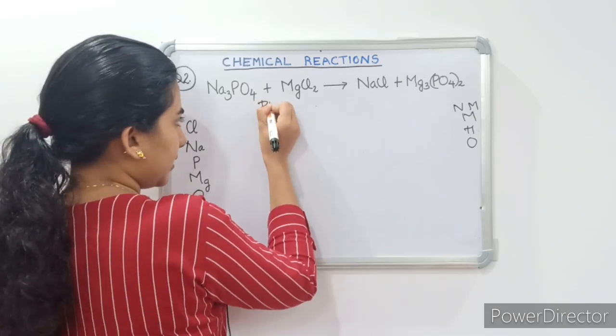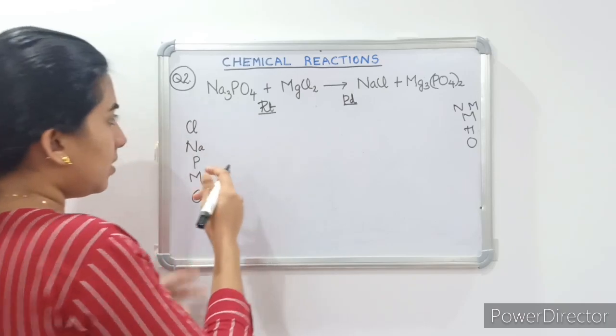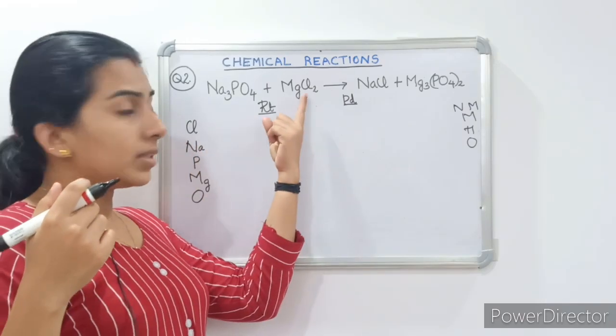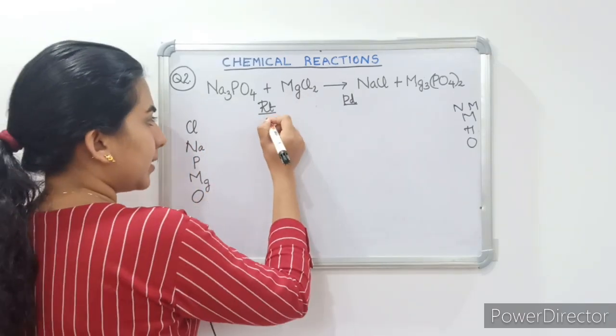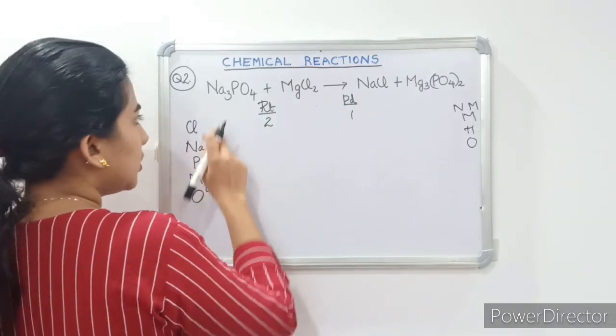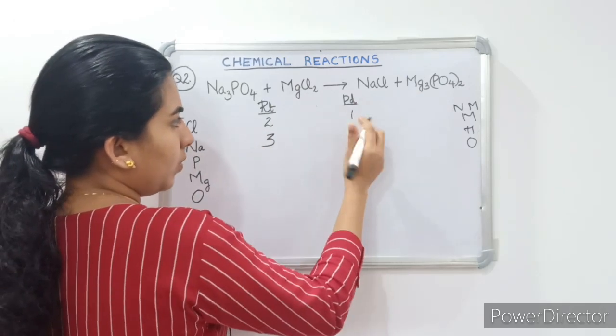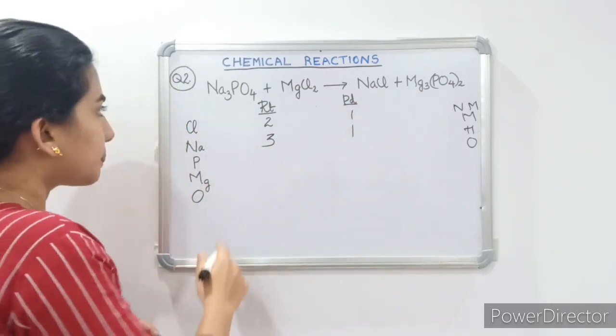This is the reactant side, this is the product side. So, now chlorine, it is 2 on the reactant side, 1 on the product side. Sodium, it is 3 on the reactant side, 1 on the product side.